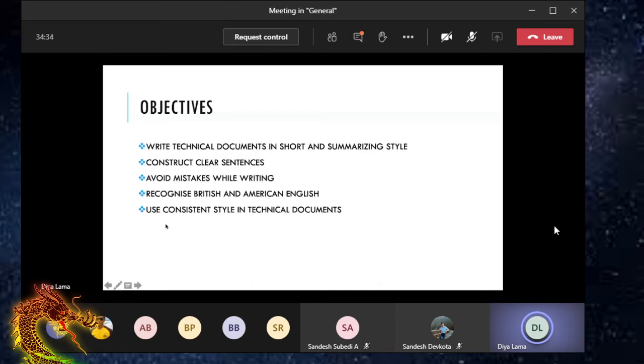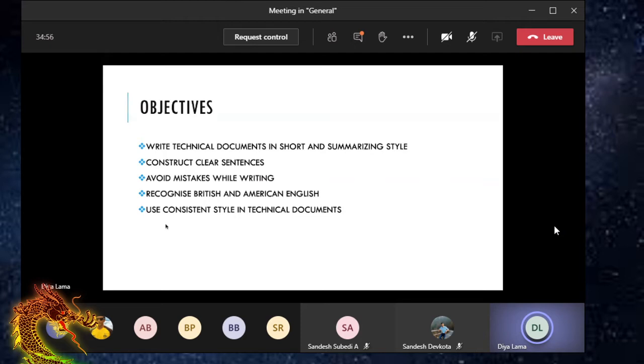So next, use consistent style in technical documents. So when you're writing a technical document, your style has to be similar. माथि चाहिँ एकदमै अब complex sentences and तल चाहिँ फेरि एकदमै simple sentences यस्तो हुँदैन है.